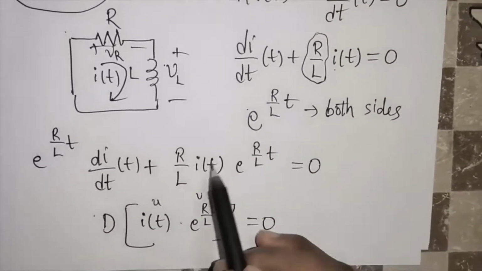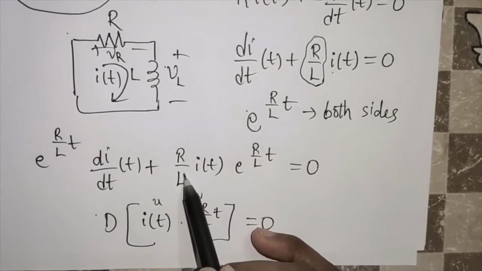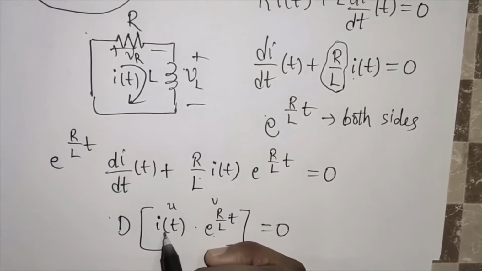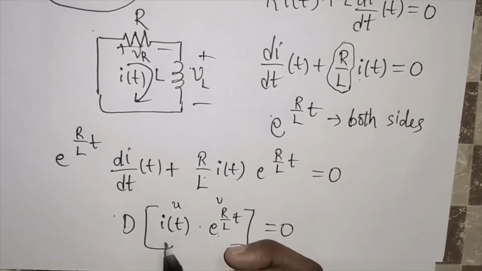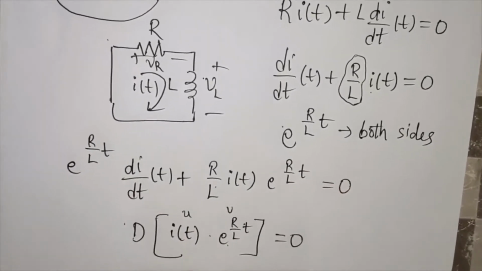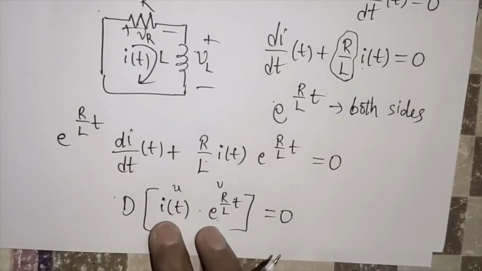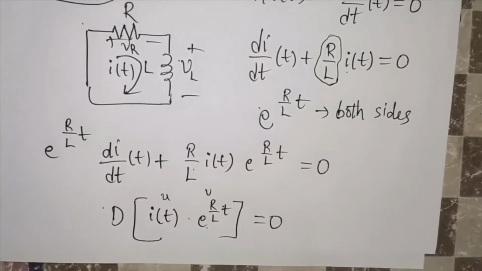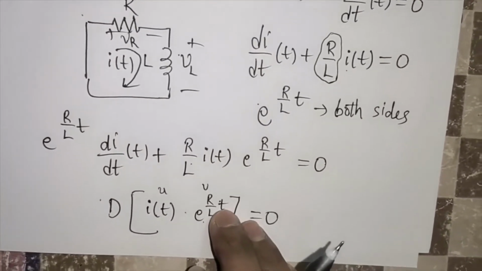So that is this term, plus e power R by L into t into the derivative of this term, that is d by dt of I of t. So this expression I can write as d of I of t into e power R by L into t. Now integrating on both sides.